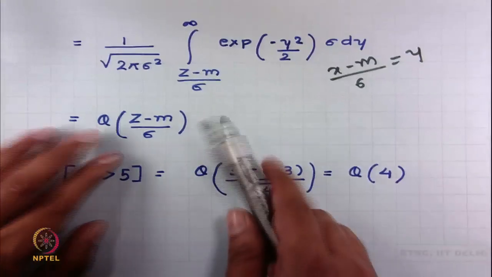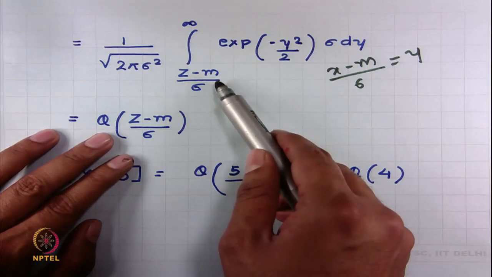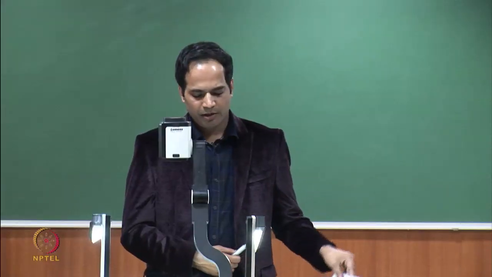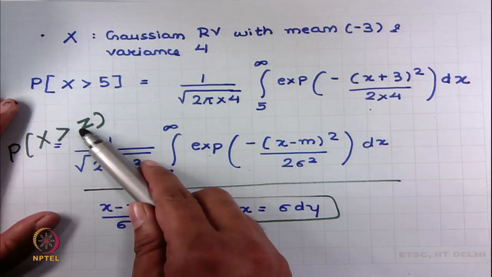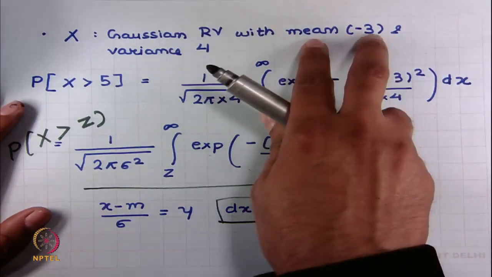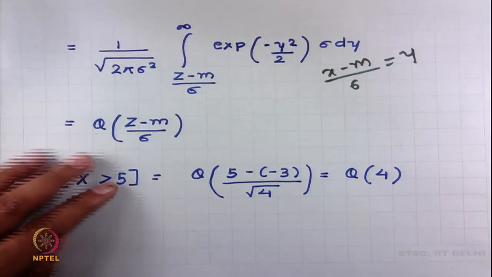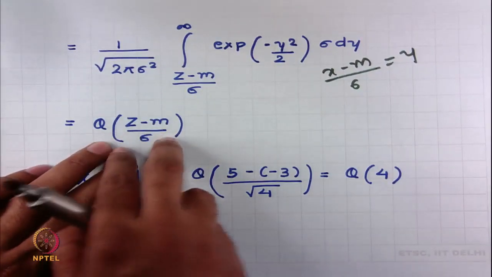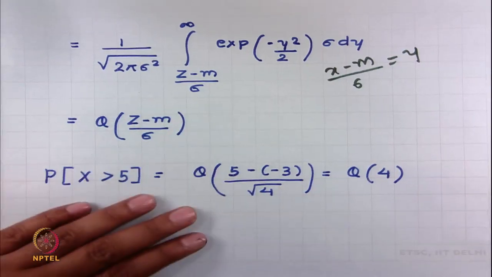And what is this? This is nothing but Q of z minus m by sigma. So, in general case, if you have to think about a random variable x being greater than z, and if this random variable has gotten some mean and variance, you can easily compute this in terms of Q function, and this would be Q of z minus m by sigma.